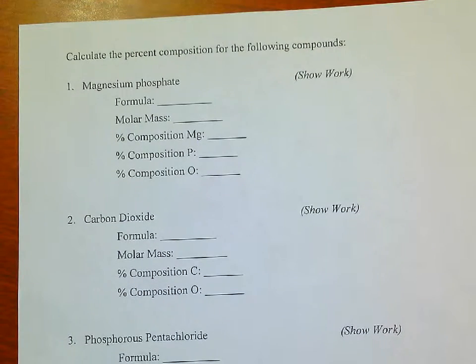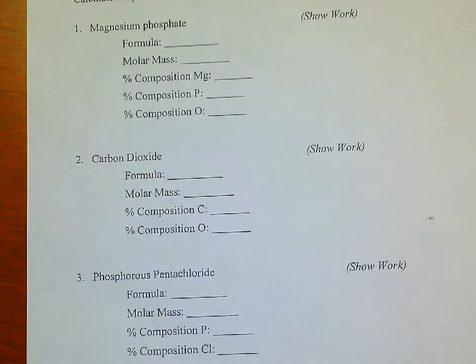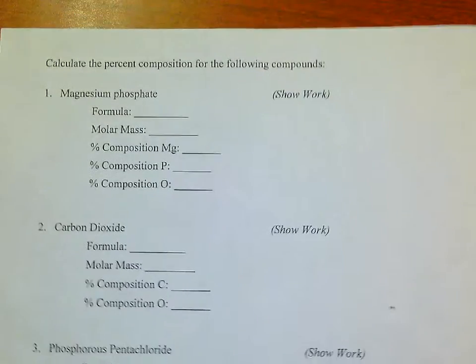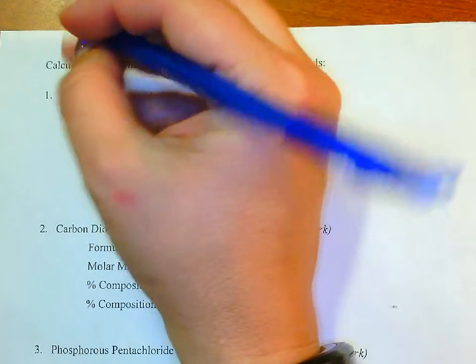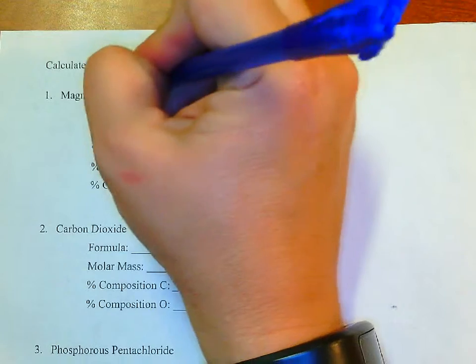The page 10 on the back, you're doing the same thing, we're just not giving you that nice structure. This was more for learning how to do it. This is more, let's see if you can do it on your own. So the first thing you're going to have to do is write a formula.